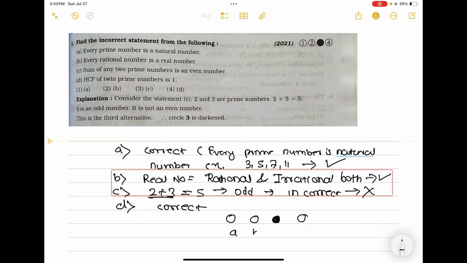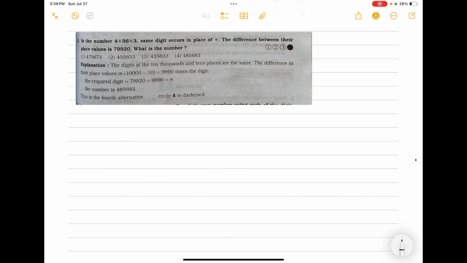Okay, A, B, C, D. Write that. The next question is, in the number 4 star 5 6 star 3, the same digit occurs in place of star. The difference between their values is 79920. What is that number? Just write the number and mark the places.